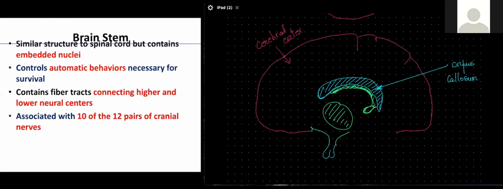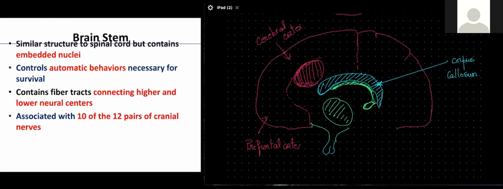If you remember, functionally, the cerebrum did have different brain areas, like the prefrontal cortex, like Broca's area, which is the motor area of the cerebrum that controls speech.